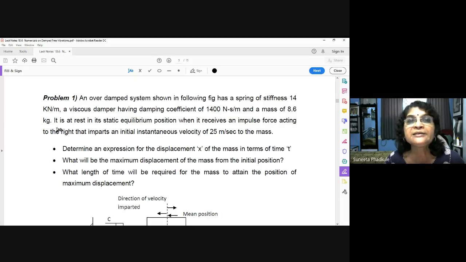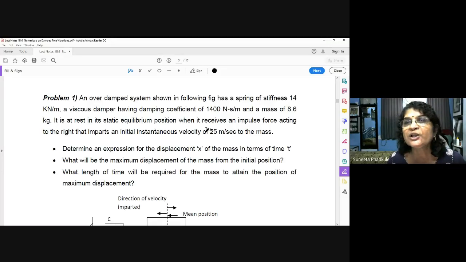It is at rest in its static equilibrium position when it receives an impulse force acting to the right that imparts an initial instantaneous velocity of 25 meter per second to the mass. This sentence gives you the initial conditions.